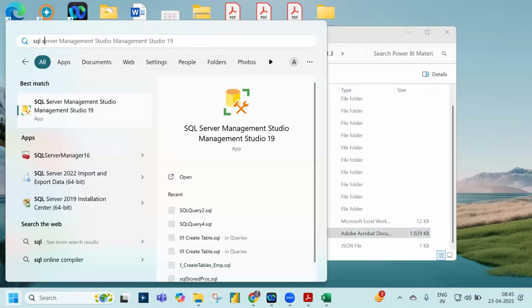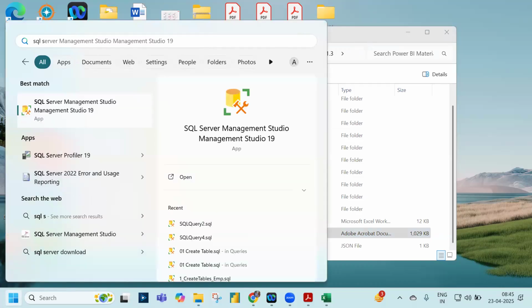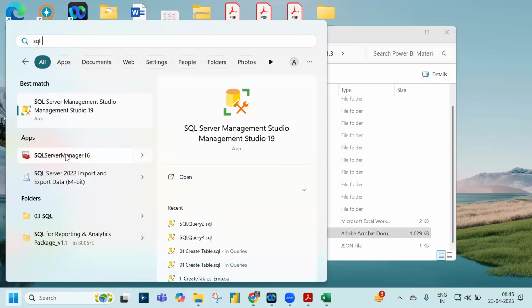In my computer, I have SQL Server. The ones who already completed SQL, you have the server installed and it's there with you. So you can see that in your system, but the ones who directly join Power BI, you may or may not have the server.